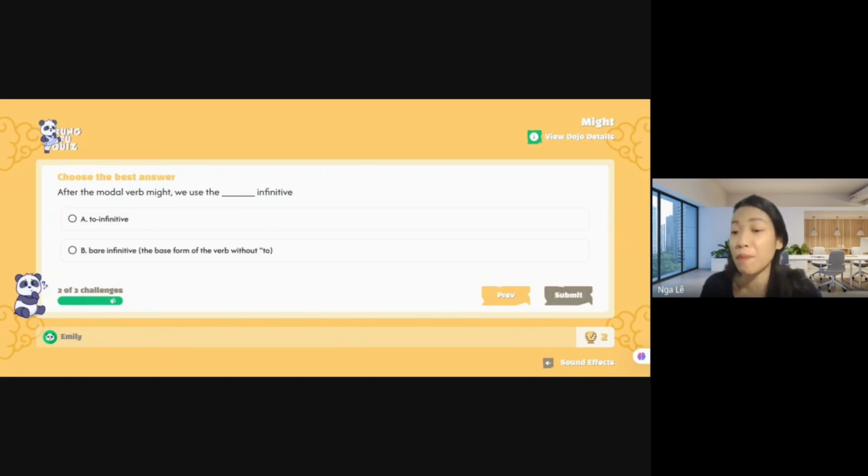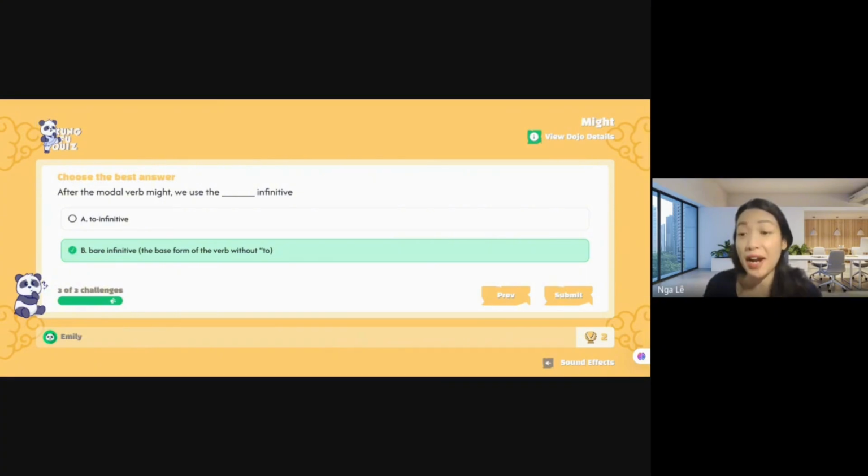After the modal verb might, we use blank infinitive. Okay, so I can see that you already have your answer. Maria, please. Okay, what is your answer? All right, A or B? You choose B. Yeah, excellent.